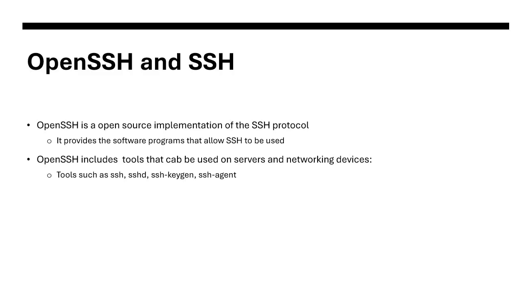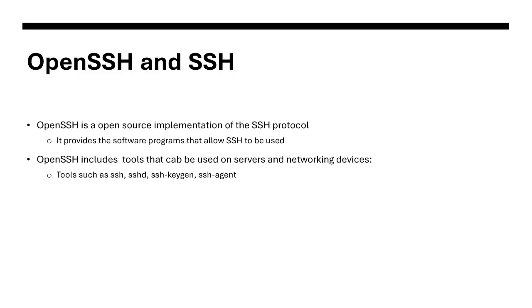Open Secure Shell includes tools that can be used on servers and networking devices. Tools with commands such as ssh, sshd, ssh-keygen, and ssh-agent. Secure Shell is only a standard, and Open Secure Shell is the implementation of the Secure Shell protocol. And this is what I will be installing in my Linux system.